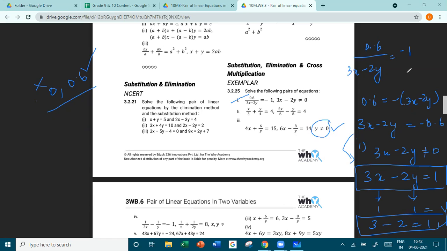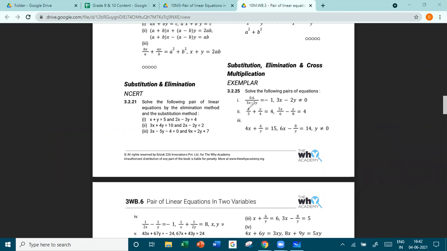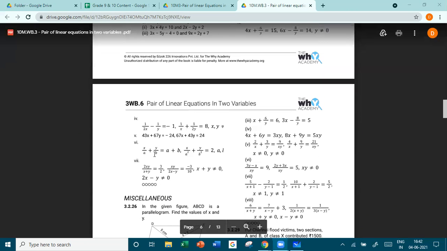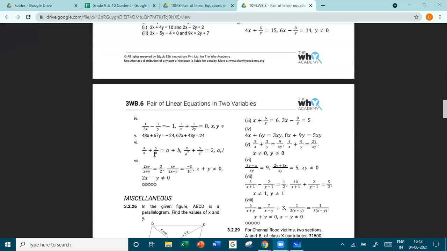Ma'am, in the fourth, the sixth and the seventh subparts of the same question, is there an odd condition or is it not solvable? No, all the others are solvable.